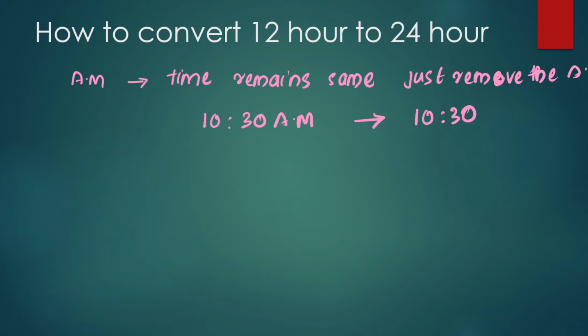So how do you write p.m.? In the case of p.m., you remove p.m. and add 12 to the hour. You are adding 12 only to the hours.